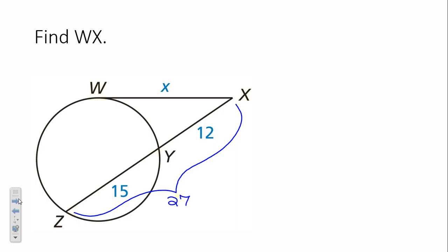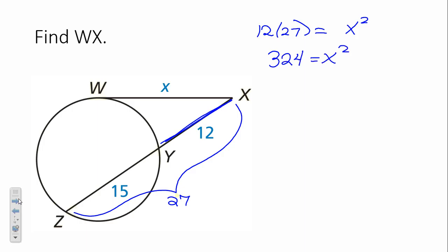So outside times the whole, 12 times 27, it's going to be a big number, equals what? X squared. X times x. The outside times the outside, or all of the tangent. So x squared. If you're quick on your calculator, what's 12 times 27? It's 324.